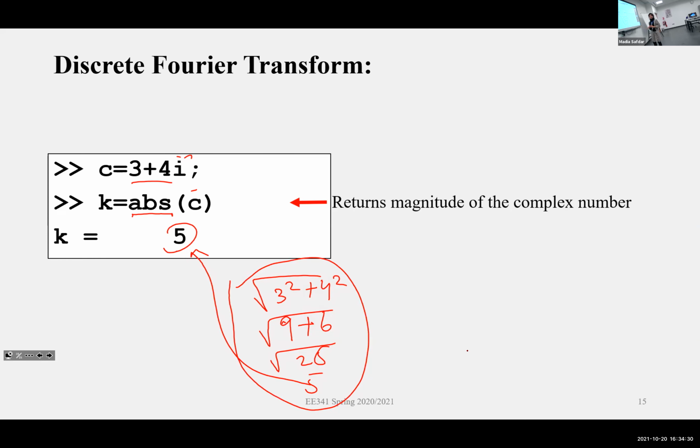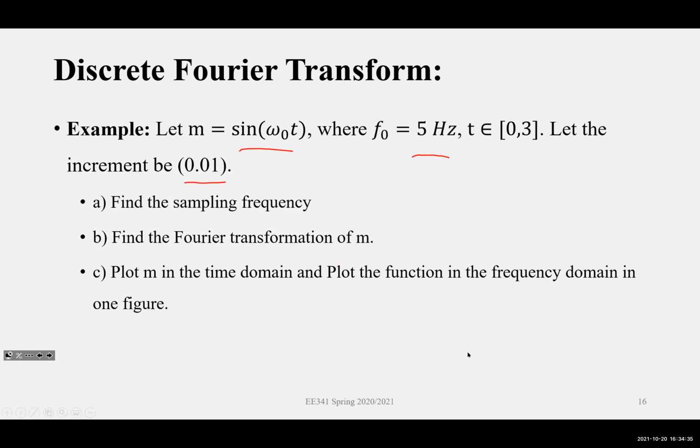Yes. So now there is an example. Let sine of omega naught t be the signal, and f naught is 5 hertz, right? My time scale is 0 to 3, and the increment is 0.01. Find the sampling frequency. Can anyone tell me what is sampling frequency?